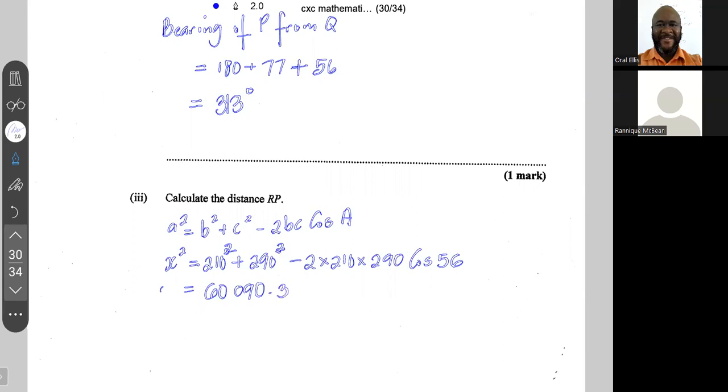Now the opposite of square is square root. So x, which is RP, is the square root of 60,090.3.